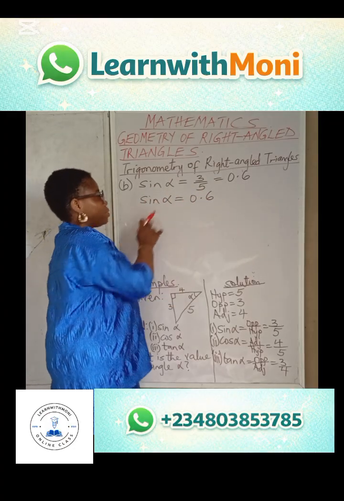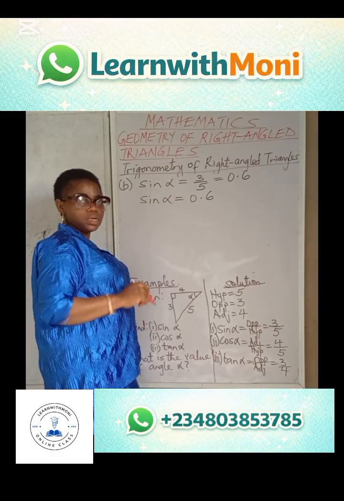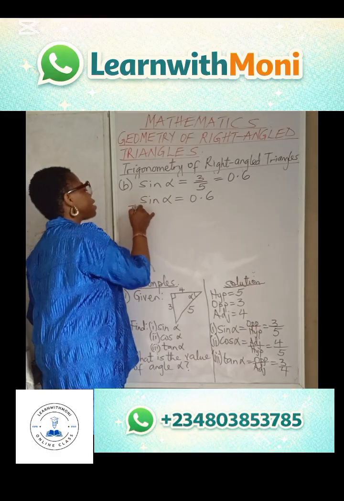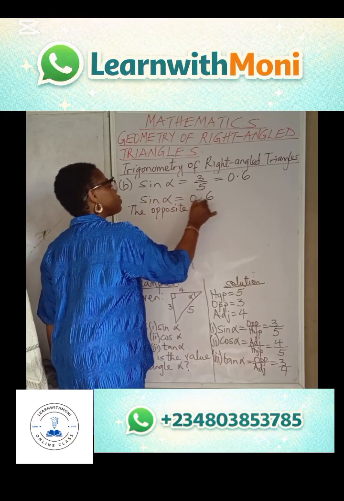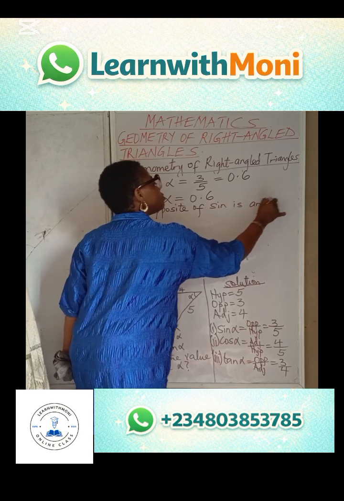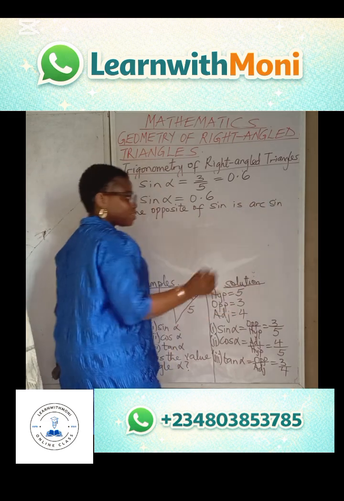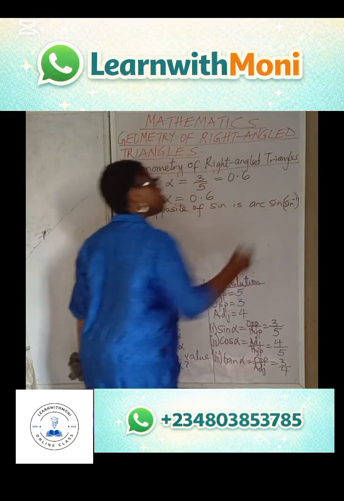For me to get alpha, I'm going to be taking the opposite of sine. The opposite of sine is arcsine. And arcsine is written as sine raised to power minus 1.